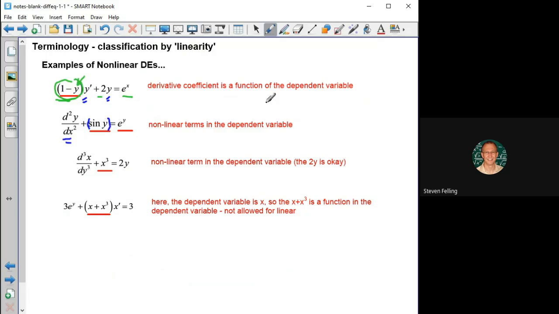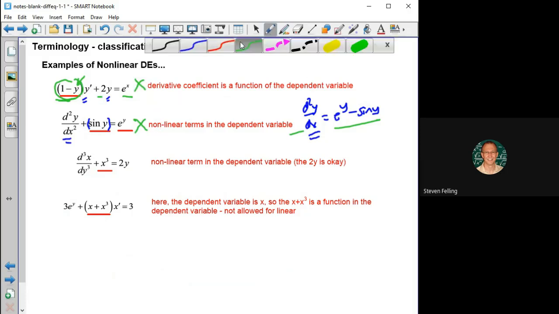We should write this as d squared y dx squared equals e to the y minus sine y, right? And so we've got the term here with the y. This coefficient over here is 1, so that's fine, but on the other side, this can only be a function of x. So the fact that it contains y's makes this one not okay, not linear.